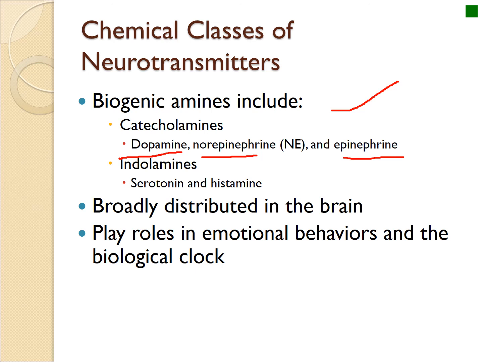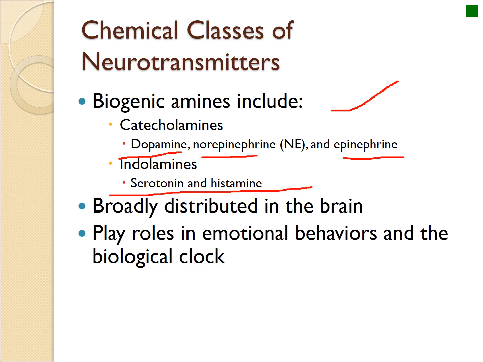They could be excitatory or inhibitory, depending on the receptors that they touch. Because guys, and this is going to be a problem, for each neurotransmitter, there can be receptors that respond differently to them in intensity and also whether it causes excitation or inhibits excitation. And then there's serotonin and also histamine.